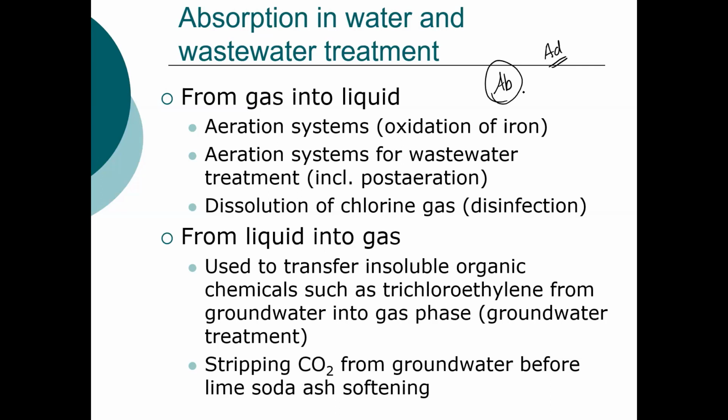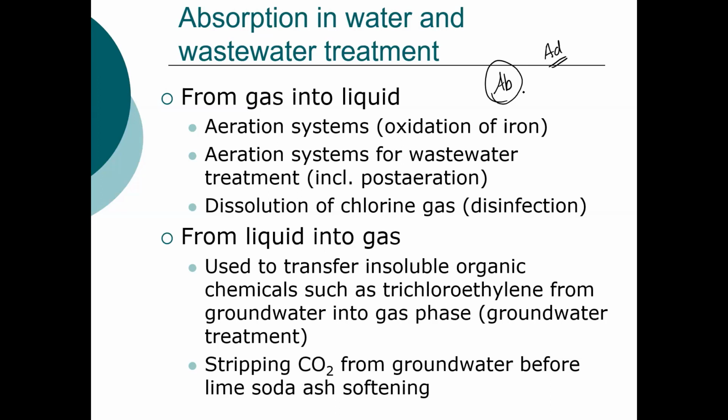So think of it as a 3-dimensional process, and we're looking at transferring a chemical from a gas to a liquid or from a liquid to a gas. And in environmental engineering, we typically focus on the liquid being water.